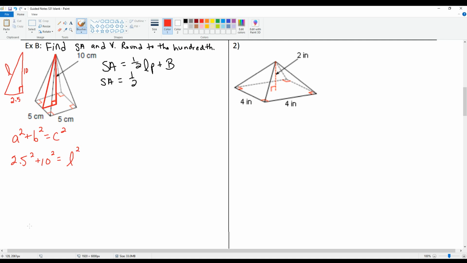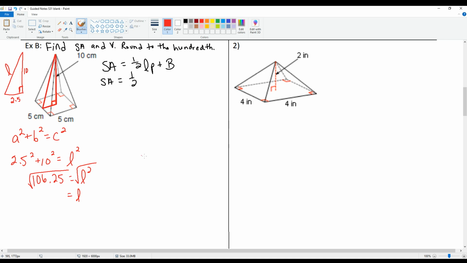When I plug this into the calculator, I'll do it all in one go: 2.5 squared plus 10 squared comes to 106.25. Then I take the square root, and that tells me what the slant is.